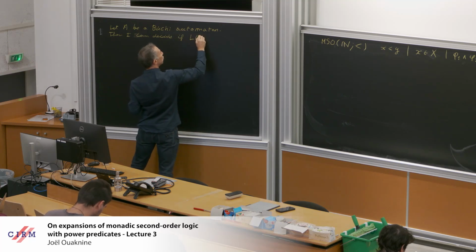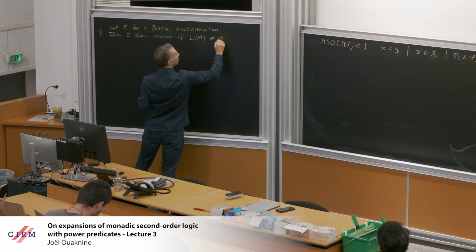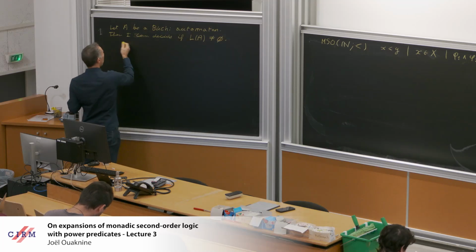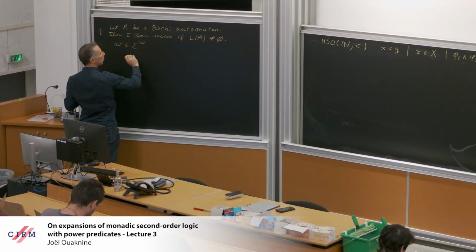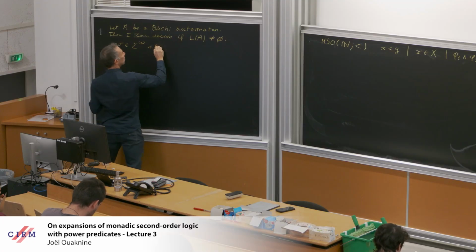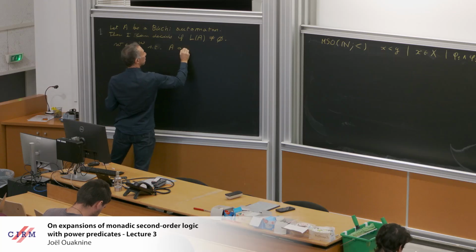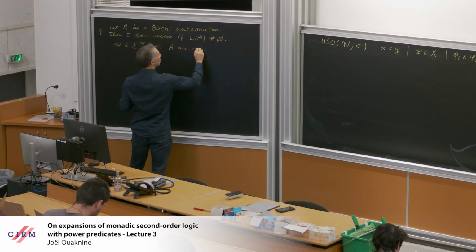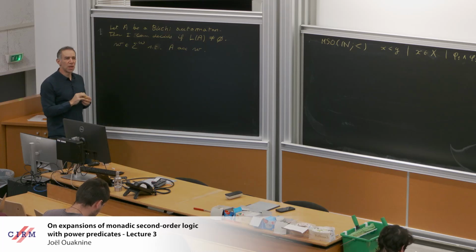So if the language accepted by A is not empty. In other words, I can decide whether there's some infinite word W such that A accepts W. Okay, so how would you do this?